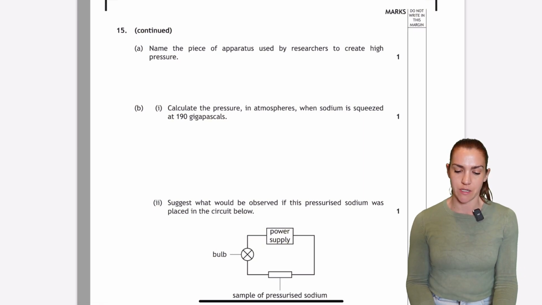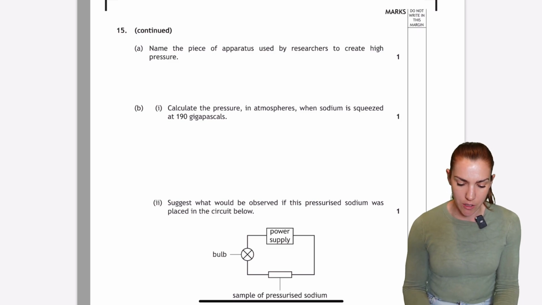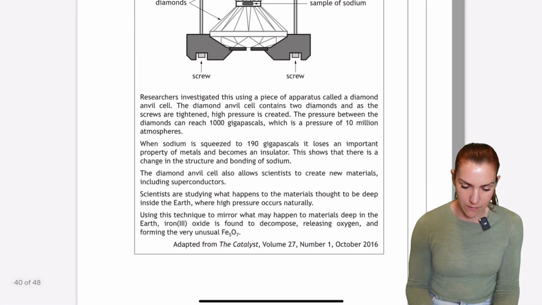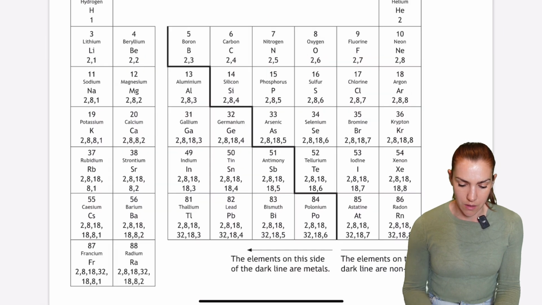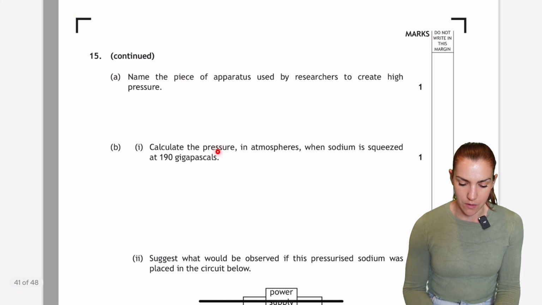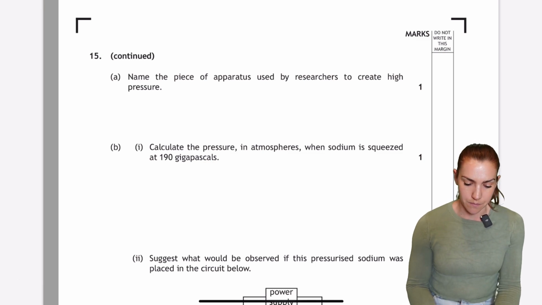Then calculate the pressure in atmospheres when sodium is squeezed to 190 gigapascals. So there must be some information about pressure. So if we have a look, diamonds can reach 1,000 gigapascals, which is a pressure of 10 million atmospheres. So we are asked to work out the atmospheres of 190 gigapascals. So this is actually a numeracy question.